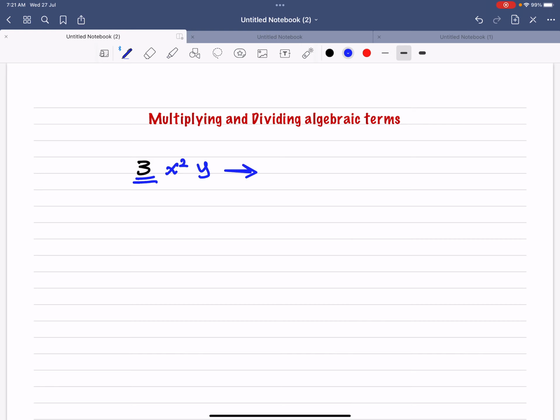خلينا نروح لحاجة أبعد من كده ونشوف المفروض هنعمل إيه في حالة multiplying. So if I were to multiply 6 times 6 times 6 times 6 and a times a times a times a. So how many times do we have 6 right over here?